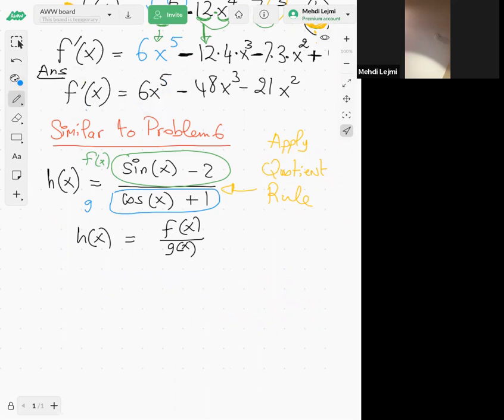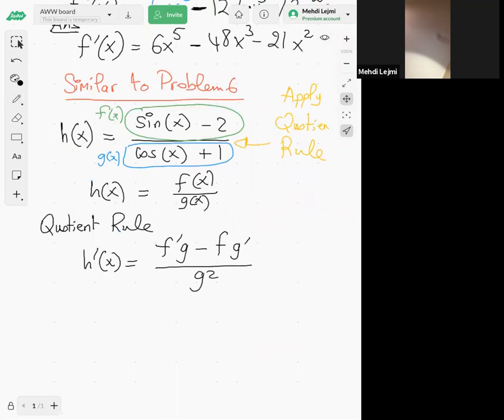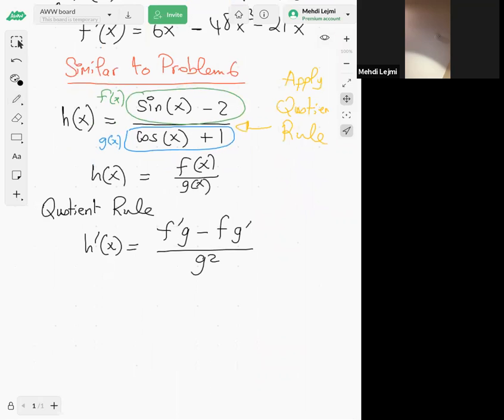Then the quotient rule says h prime of x is f prime g minus f g prime over g squared. Of course, we need f prime and g prime. We know f and g, and the denominator is always g squared. So we need f prime first.